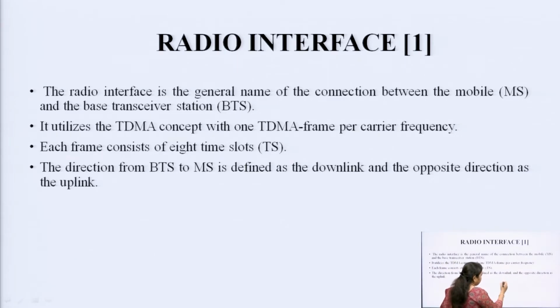This GSM is a second generation wireless mobile communication that is used for the transmission of voice signals as well as for the transmission of data also. First we require an ME, that is mobile equipment, a simple mobile phone which is required to transfer the voice signals as well as the data.